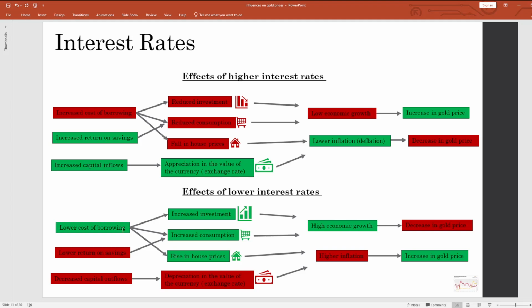That means that the stock market and real estate are going to boom, and that boom is going to create high economic growth, more employment opportunities, businesses growing, etc. You'll have increased consumption because credit cards don't sting as much. So you'll have people spending more money on goods and services.